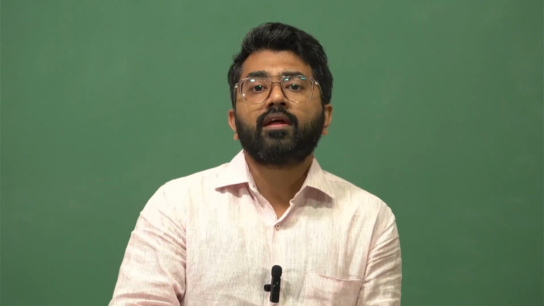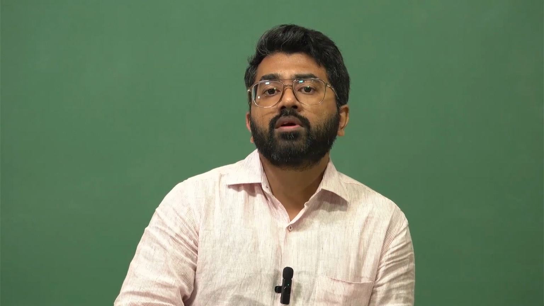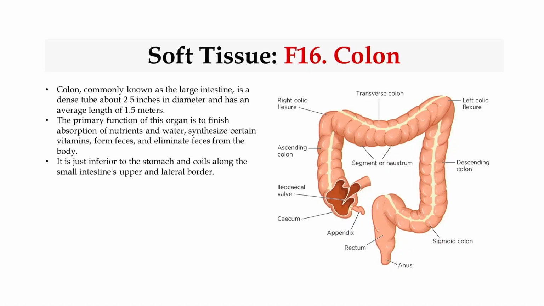Very interesting. So this is all nicely coiled around in the abdominal region so that it could fit within this space, right? The primary function of this organ is to finish the absorption of the nutrients and water. The absorption of nutrients and water starts well within the stomach, but as the food goes through different levels of churning from the stomach to the colon, you're looking at further absorption of the nutrients and water.